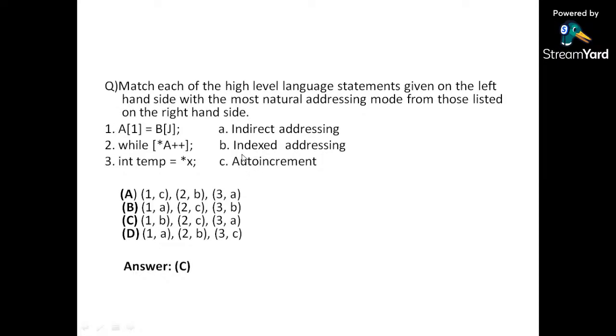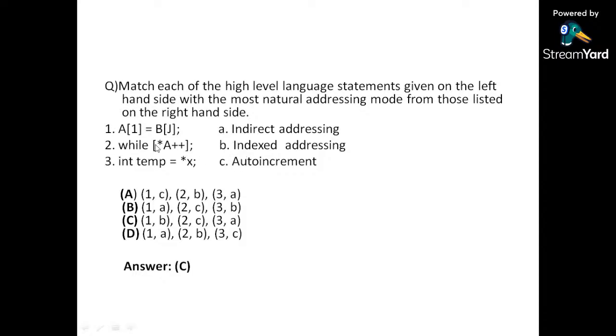So basically you need to match the pair. The first instruction a1 equal to bj, this is an example of which addressing mode. While star a plus plus, this is an example of which addressing mode. Third is int temp equal to star x, this is an example of which addressing mode.